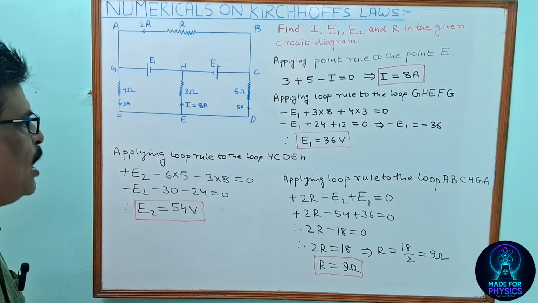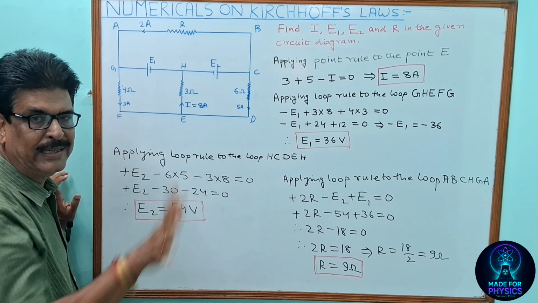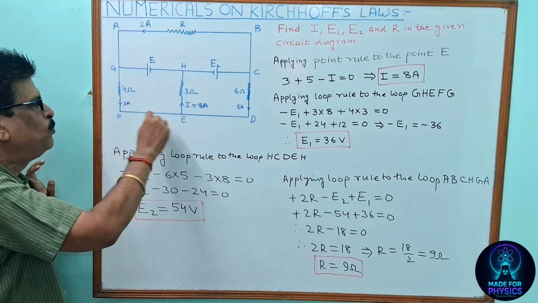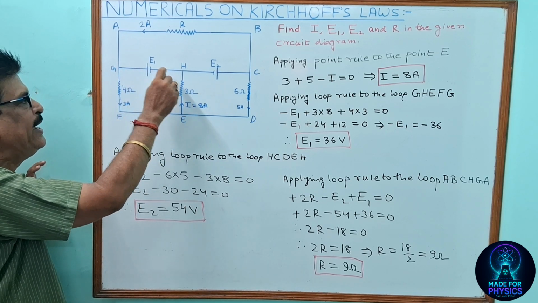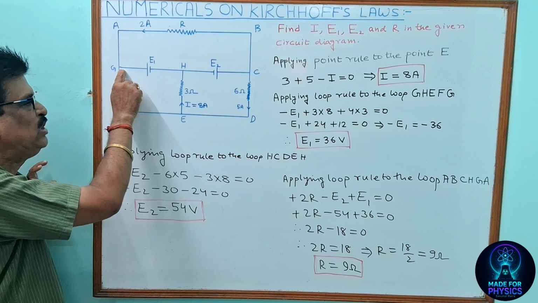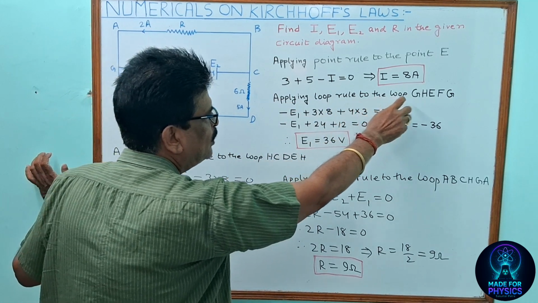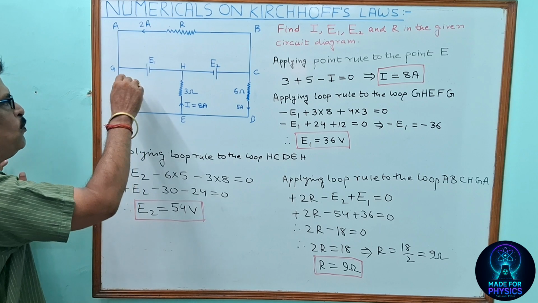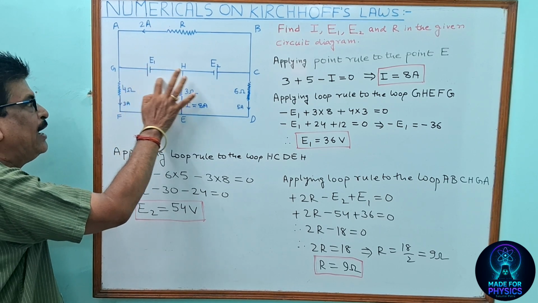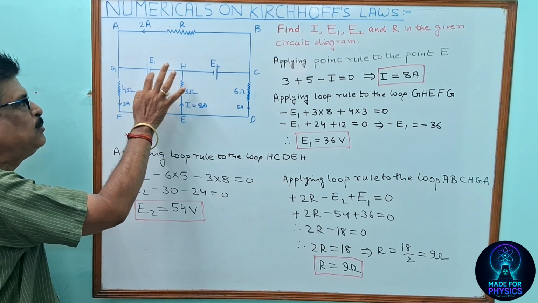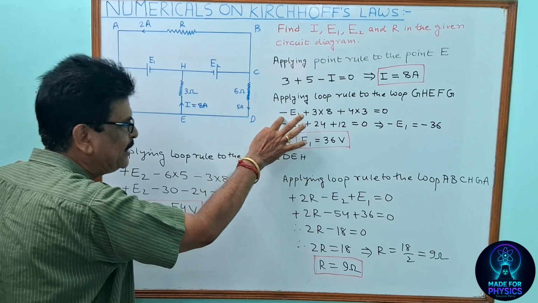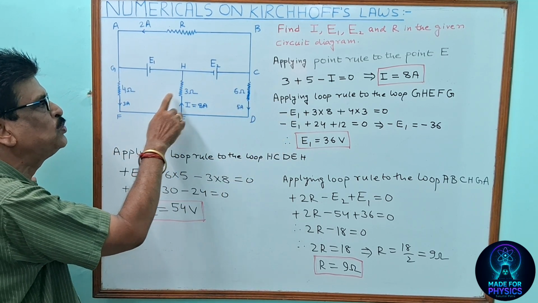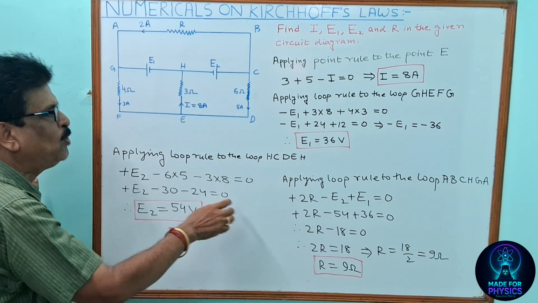Next, we'll be solving for this E1. E1 के लिए solve करेंगे तो हम लोग this loop को लेंगे, this loop G H E F G. So applying loop rule to the loop G H E F G, first of all we are moving along this direction from positive to negative terminal, therefore minus E1. Here we are moving against the direction of current, so the product 3 into 8 with positive sign.